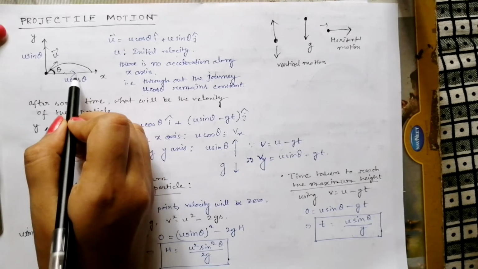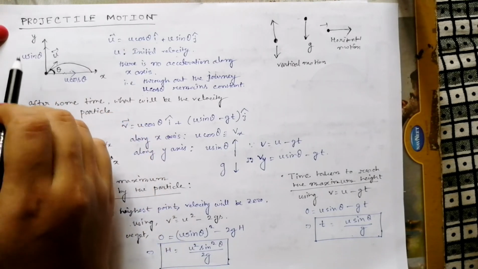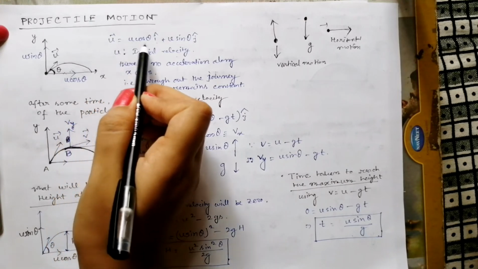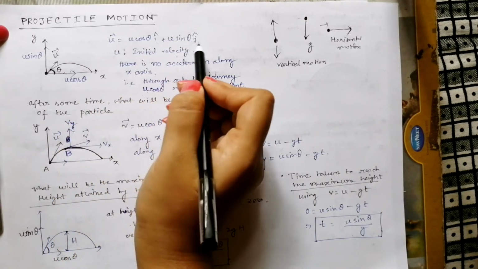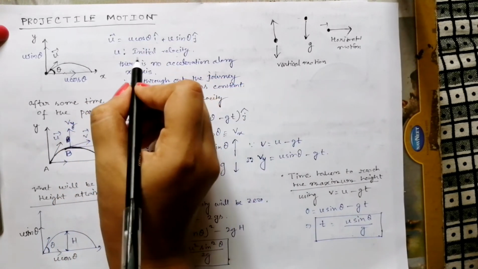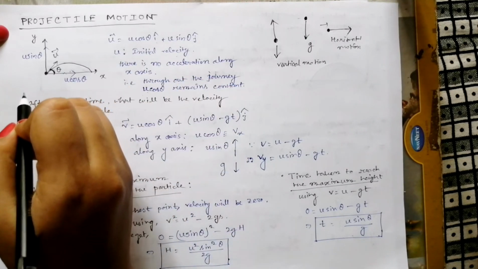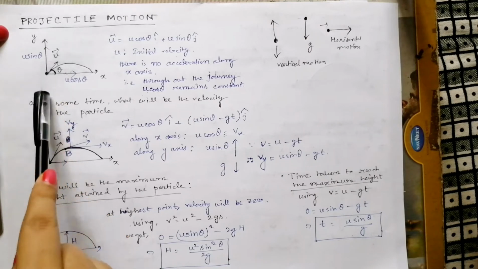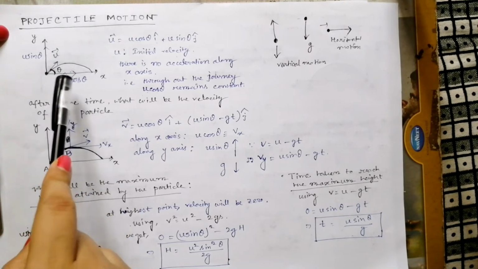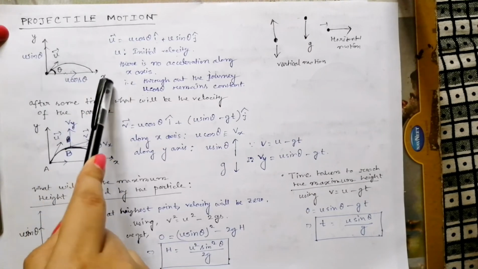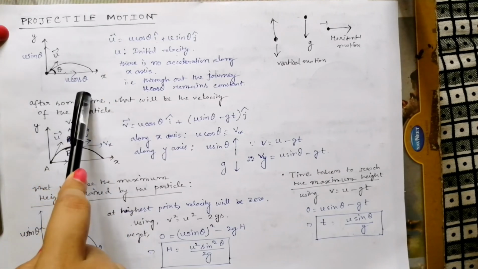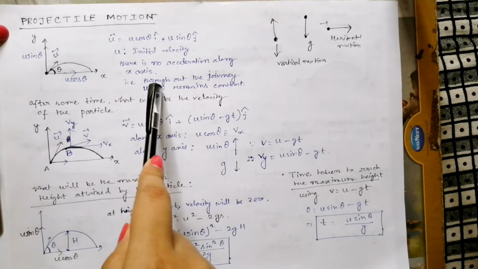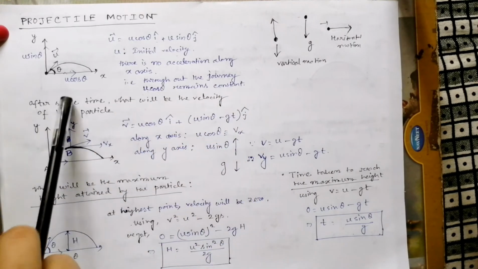One is along the horizontal direction and the other is along the vertical direction. I can write it as u cos theta i cap plus u sin theta j cap, where u is the initial velocity. As you can see, gravity works only in the vertical direction, so there is no acceleration along the horizontal direction. So we can say that this u cos theta remains the same throughout the journey.